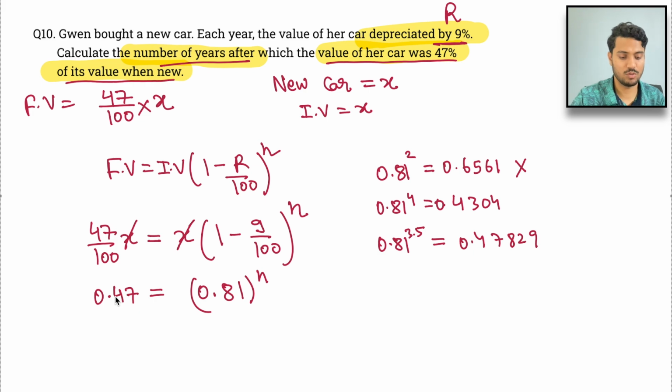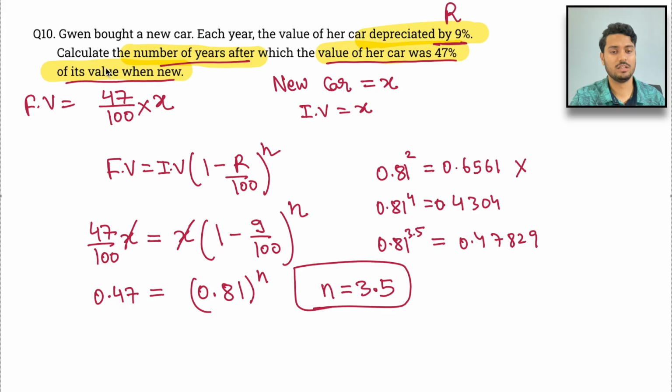They ask to calculate the number of years after which the value of the car was 47% of its value when new. So if it is 3.5, we can write down the value of n as 3.5. So that is 3.5 years.